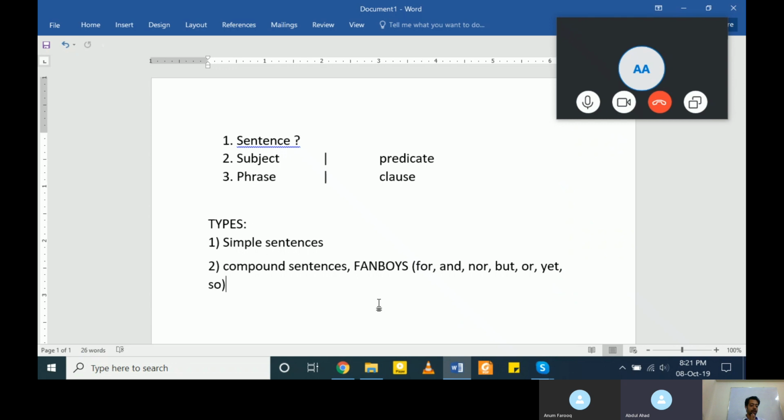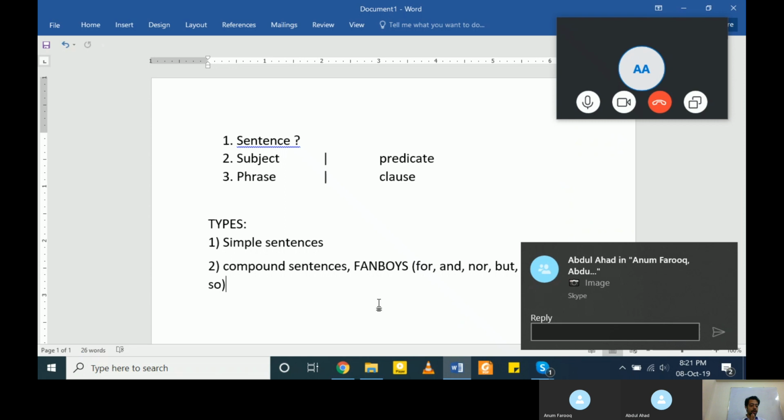Now we are moving forward. Example: Ali ate the food and he went outside.